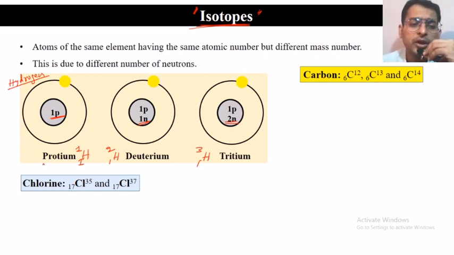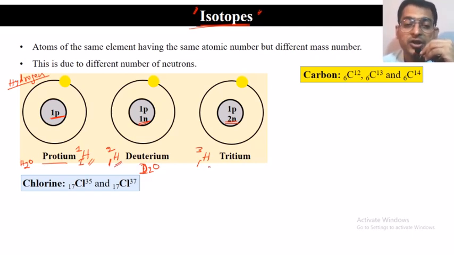So protium is the regular hydrogen that we are talking about. Deuterium is used like in heavy water in nuclear reactors. Heavy water is made from D2O, it is not H2O. It is D2O, deuterium oxide. It is the heavier isotope.